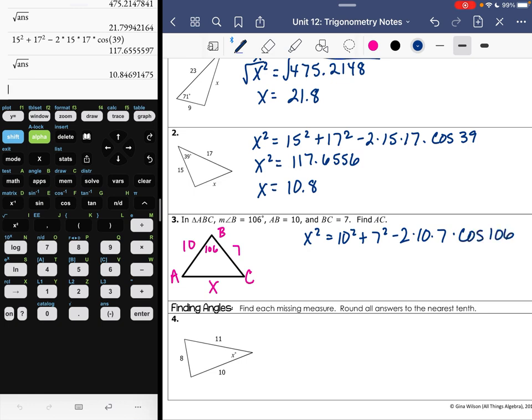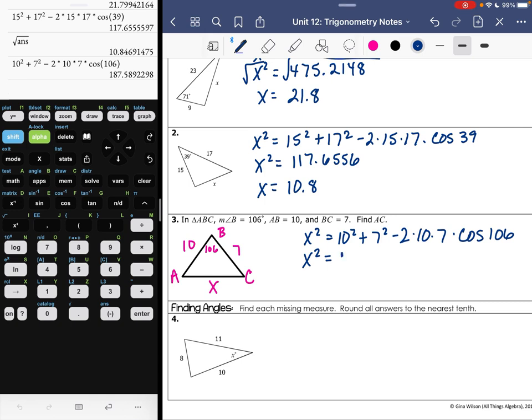Okay, since we put it in, definitely just take a minute and make sure that you got it all right. Then go ahead and type it in.